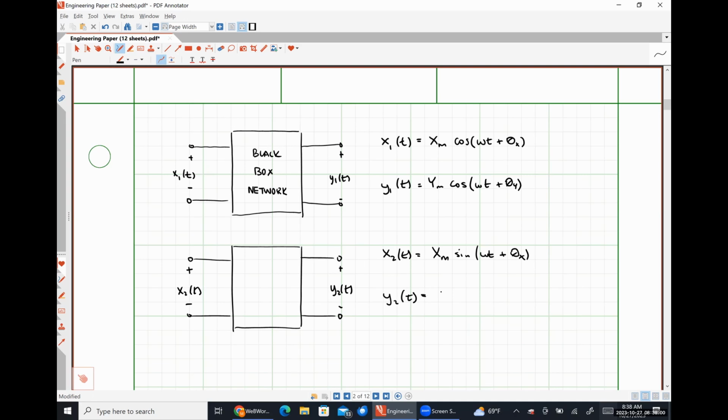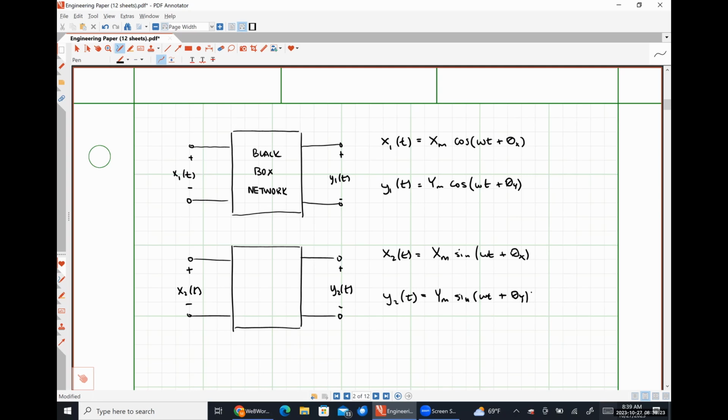And this should be very easy to deal with, since we know that cosine functions and sine functions are literally the exact same thing. They're just time-shifted versions of each other. All right, so now, how many of you remember the homogeneity or scaling property of superposition?